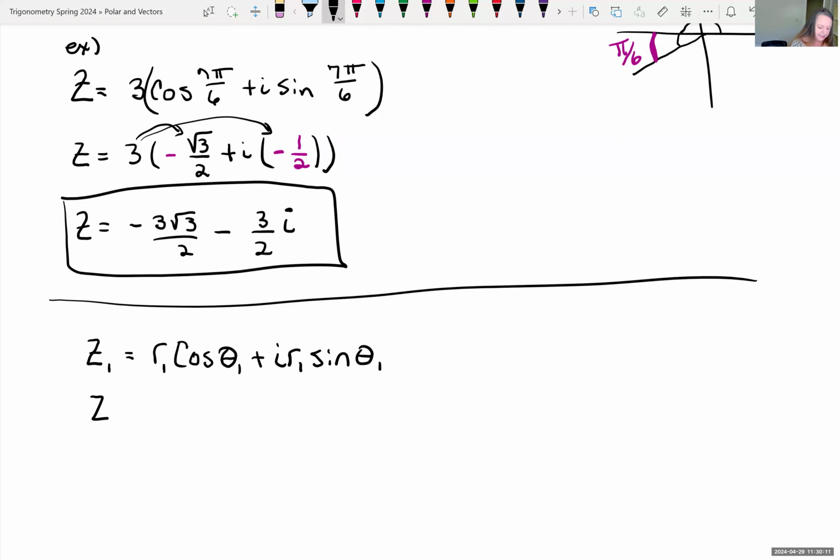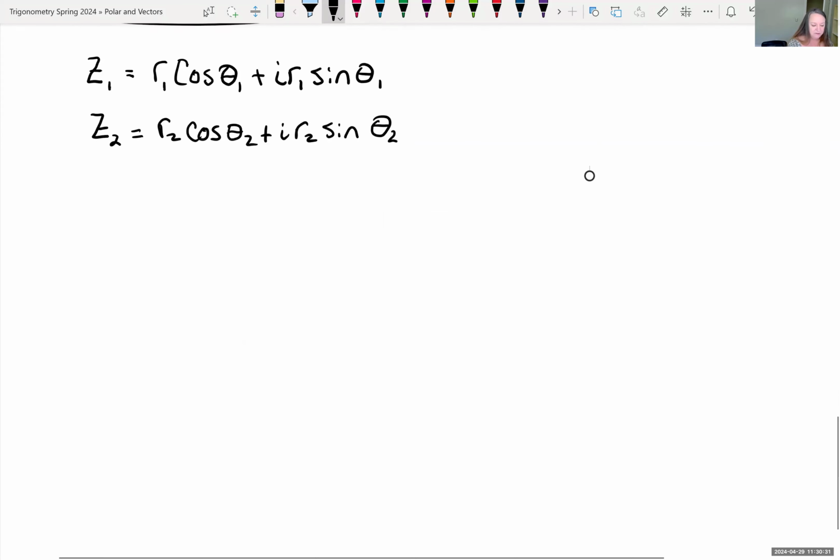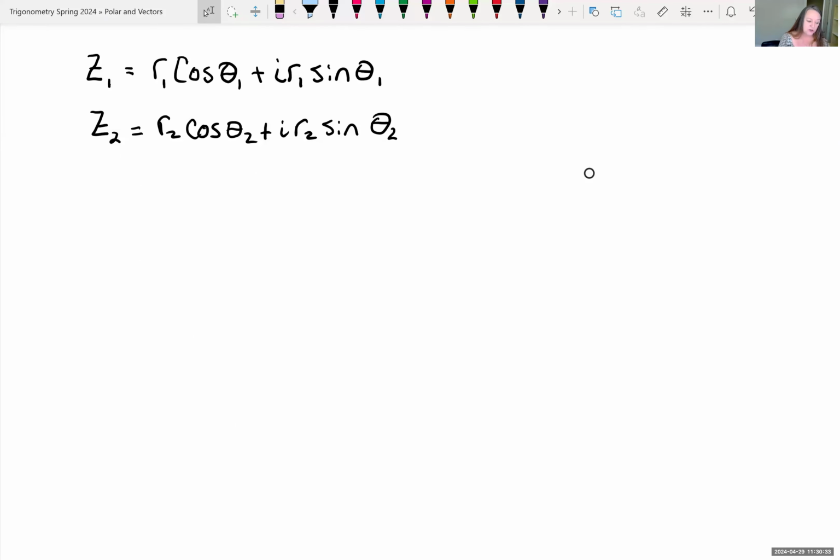And let's say z sub 2 is another complex number in polar form, r sub 2 cosine theta sub 2 plus i r sub 2 sine theta sub 2. I'm trying to derive the formula we would get if we multiplied our two complex numbers in trigonometric form together, so z sub 1 times z sub 2.